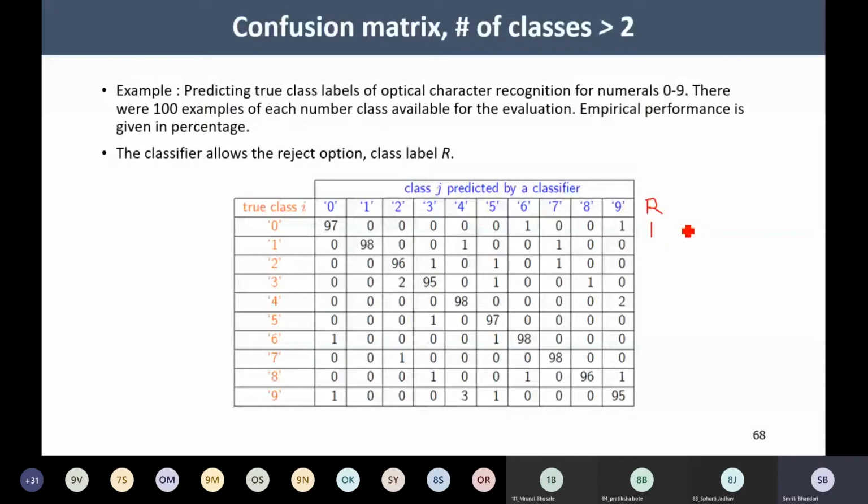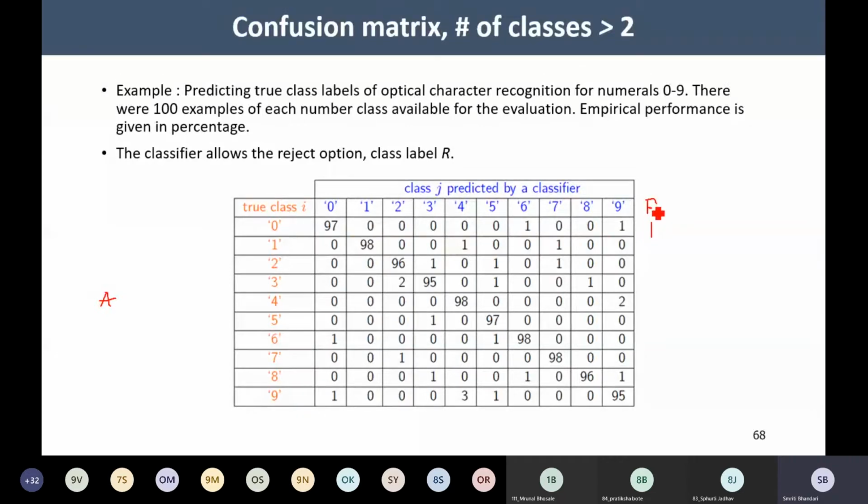So suppose I am presenting, say for example, the alphabet A. So alphabet A is not a digit. So I want to reject that. So I may add one more class here, that is the rejection. So whatever is the character that is being presented to the system, if it does not belong to any of the required classes 0 to 9, 10 classes, then I may have one more class here, and that is the rejection option, and that is treated as one more class, reject class.